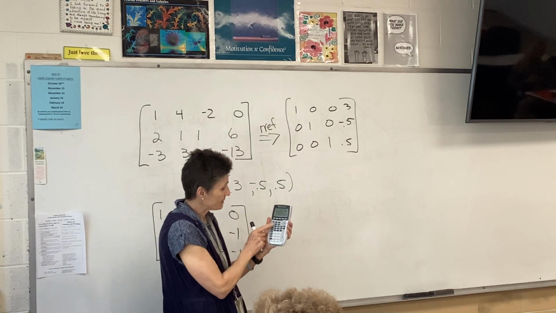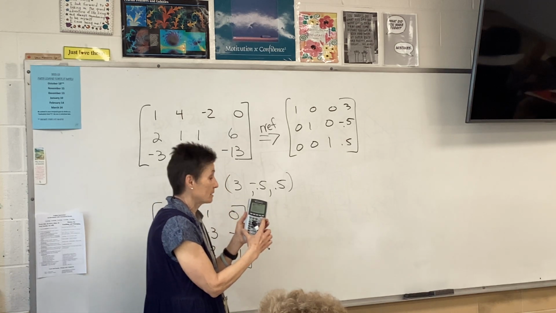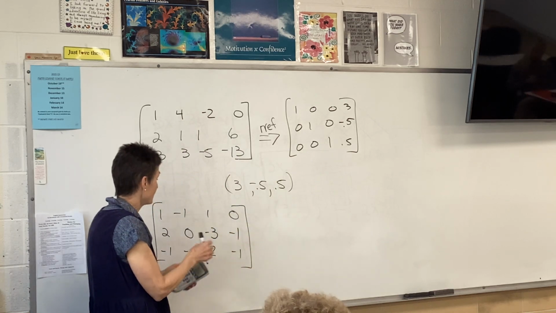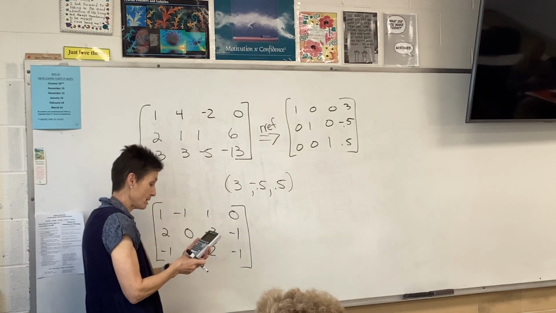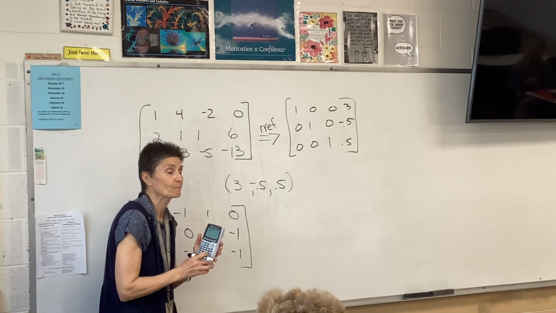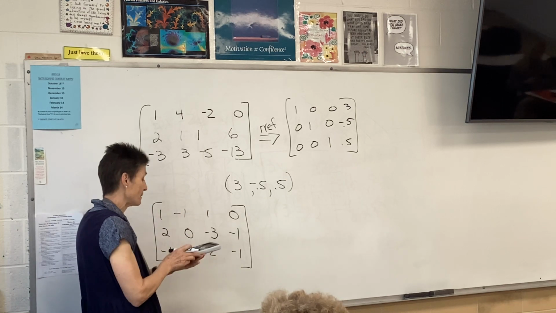So second matrix. Click over to edit in the top row there and hit enter. Once again, we have a 3 by 4, so we hit 3, enter, 4, enter. That sets up our matrix, and we start typing in these numbers.